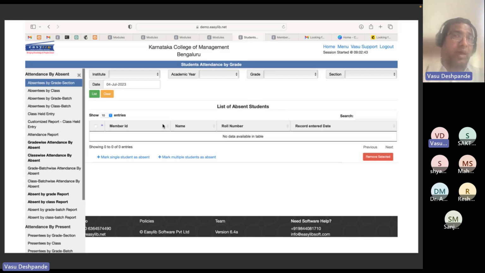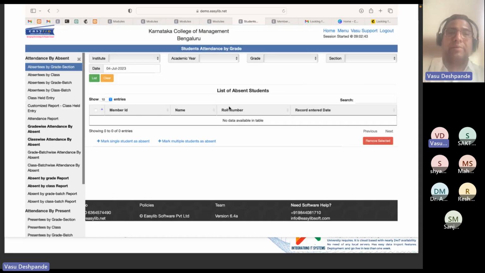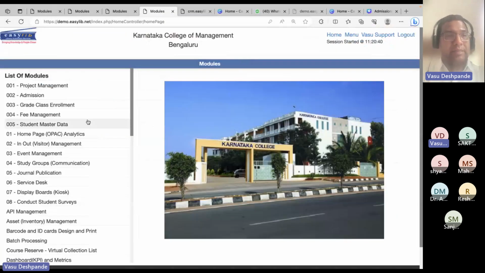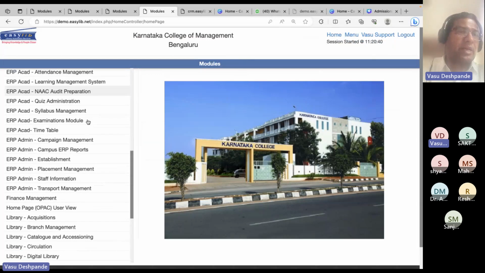But when you want historical data of years together, it requires a solid system. That is why you see so many screens in Easylib, which help you do that. I can go on and on, and Easylib is a very large application, as I told.